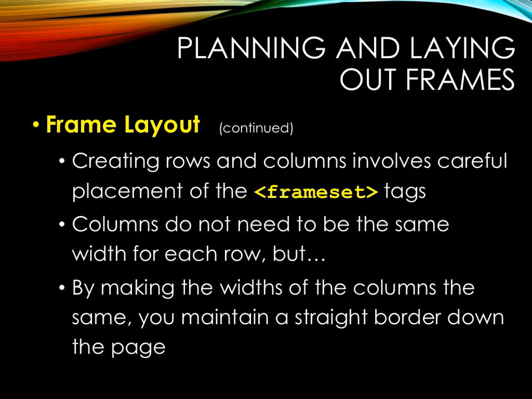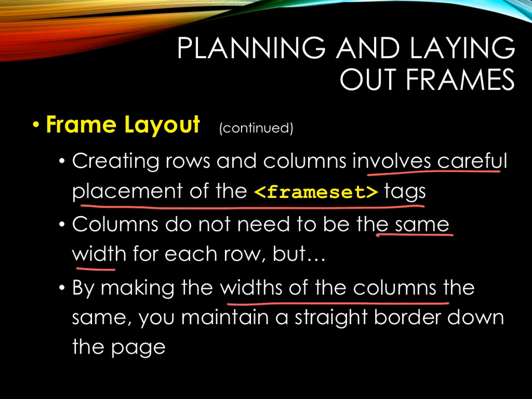So as I've stated many times, creating a frame layout with rows and columns involves very careful placement of those frameset tags. You have to really think about it slowly. The columns do not need to be the same width. However, by making the widths of those columns the same, you maintain that straight border.